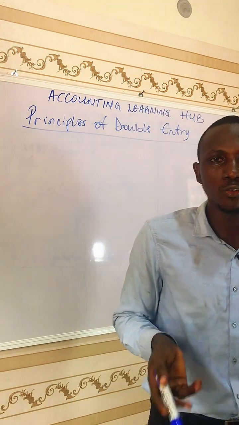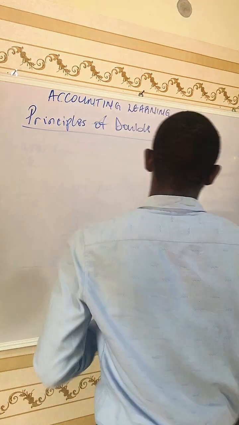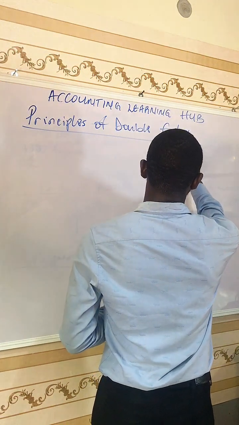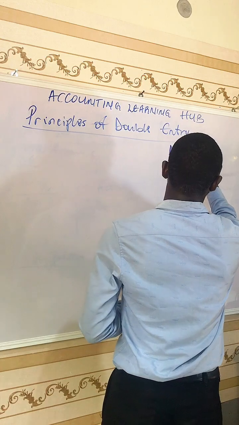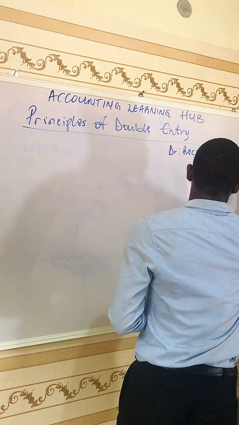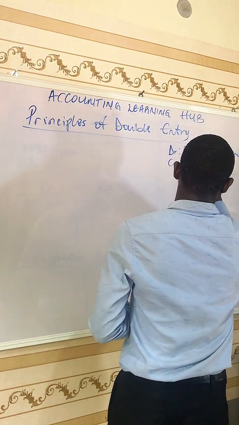There are many rules of double entry. Let me write some of the rules. We debit the receiving account and credit the giving account.